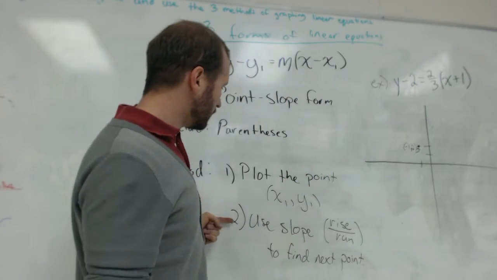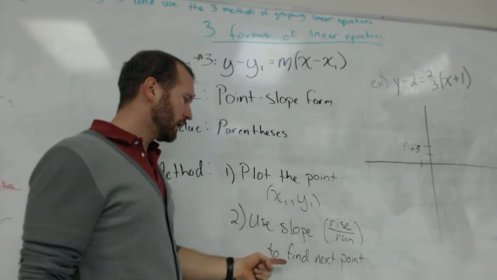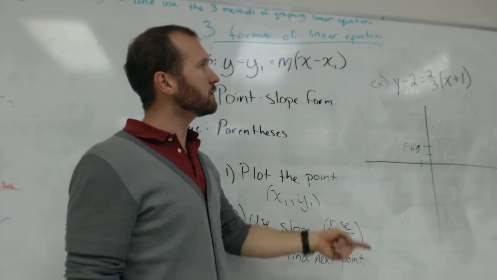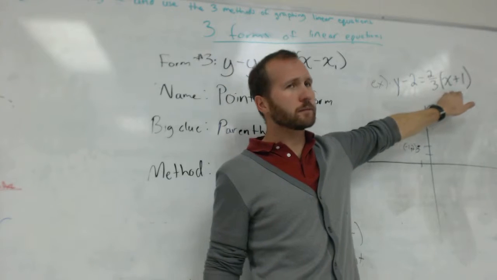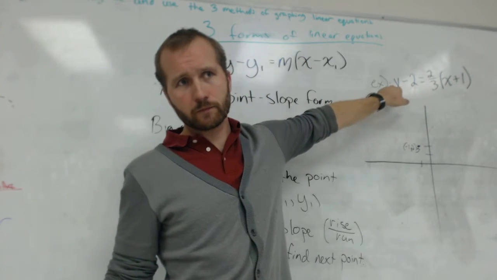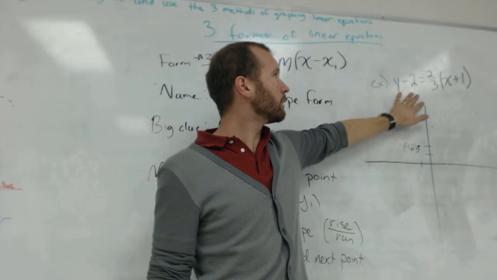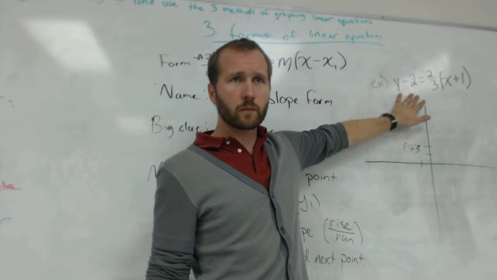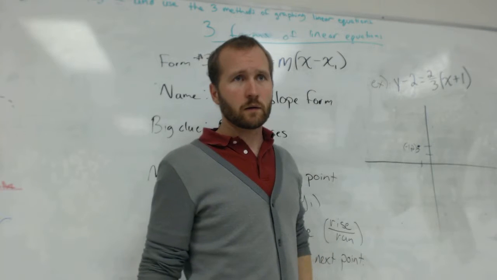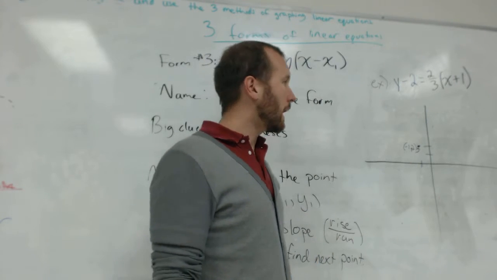Okay, step 2, use the slope to find the next point. What is my slope in this equation? Up 2 over 3.